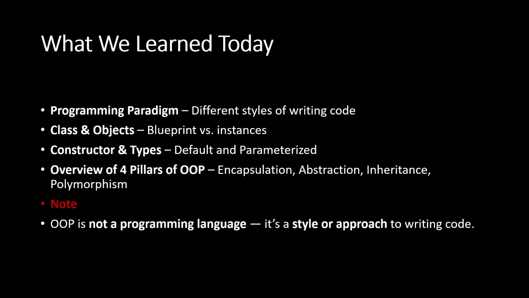And there are two types of constructor: default constructor and parameterized constructor. And then we learn an overview of the pillars of OOPS: encapsulation, abstraction, inheritance, polymorphism, right? So a note: object oriented programming is not a programming language, it is a style of writing code, right?